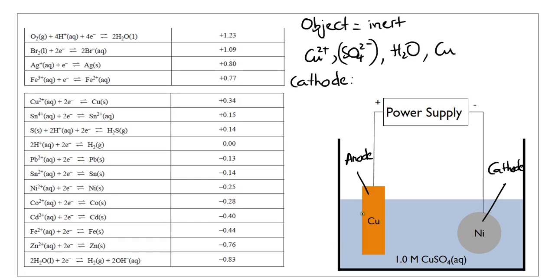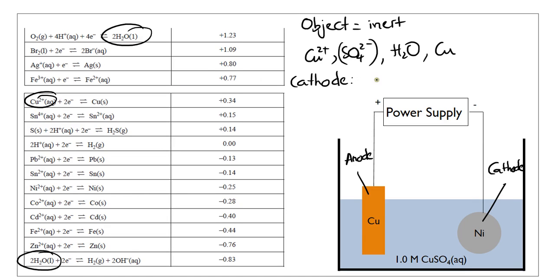At the cathode, if we just think about everything that's present, there's water down here. So there are only 2 oxidizing agents present. You have copper ions in the electrolyte and water in the electrolyte. And copper ion is a stronger oxidizing agent.